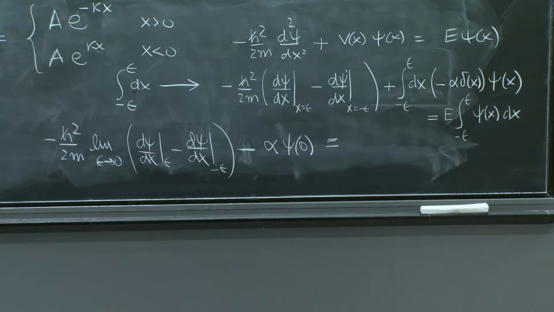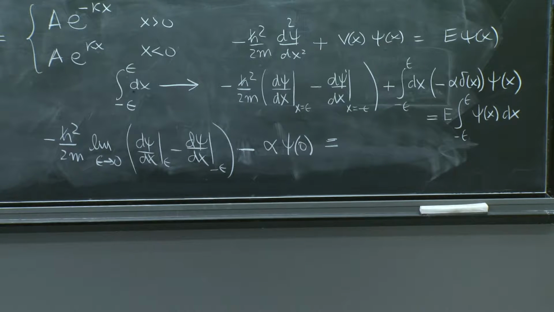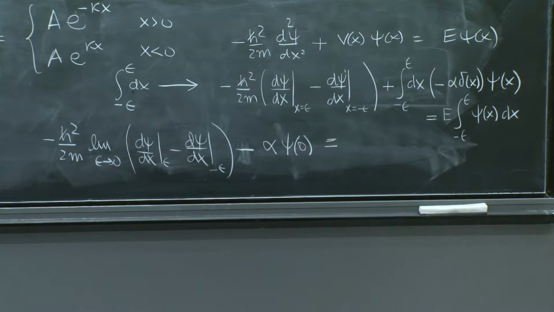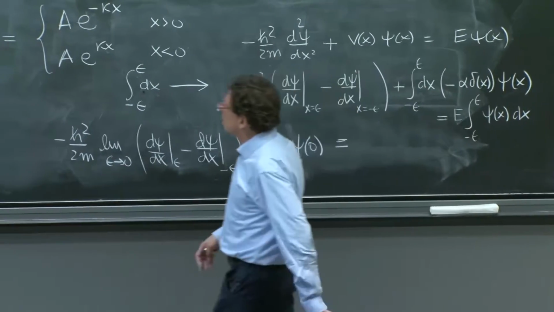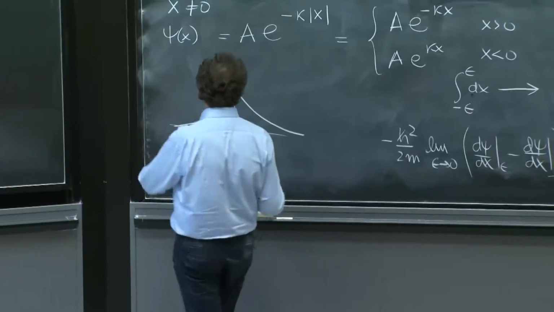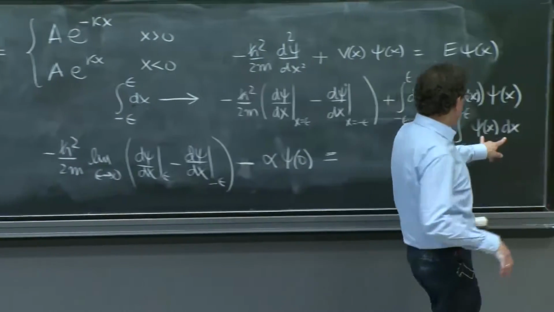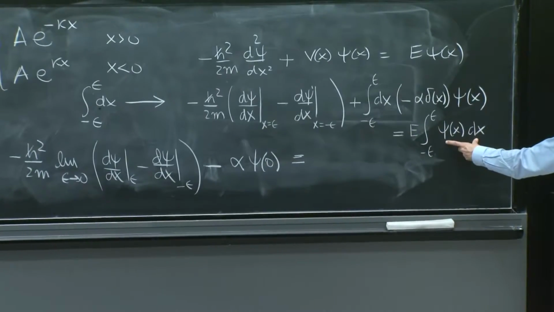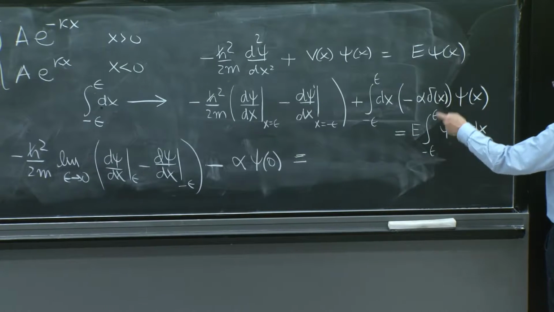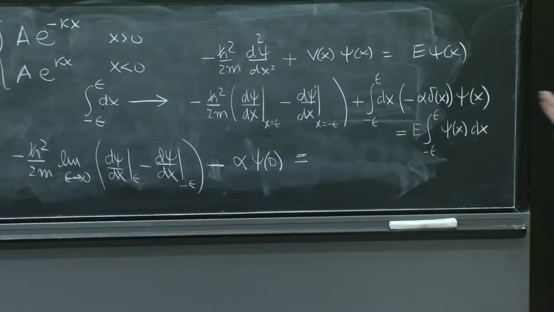And now the last term is an integral from minus epsilon to epsilon of the wave function. Now the wave function is continuous. It should be continuous. That means it's finite. And this integral of any function that is not divergent, from minus epsilon to epsilon, as epsilon goes to 0, is 0.